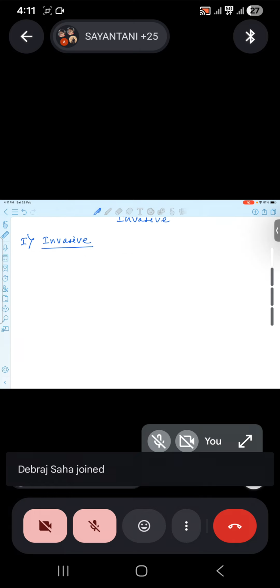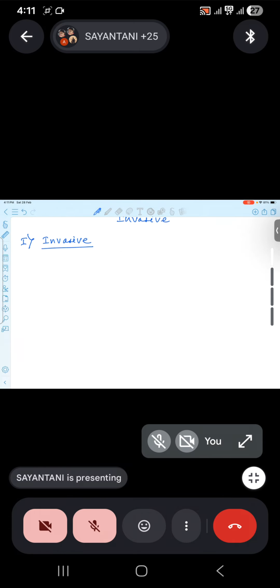So in the invasive technique, you can record individual neurons, all right? So the first characteristic is that you can record individual neurons. That means you can capture the action potentials directly.